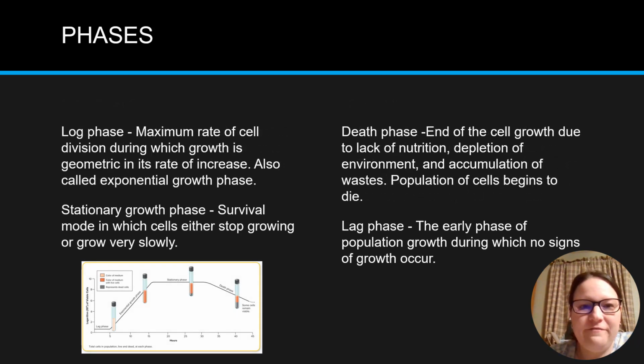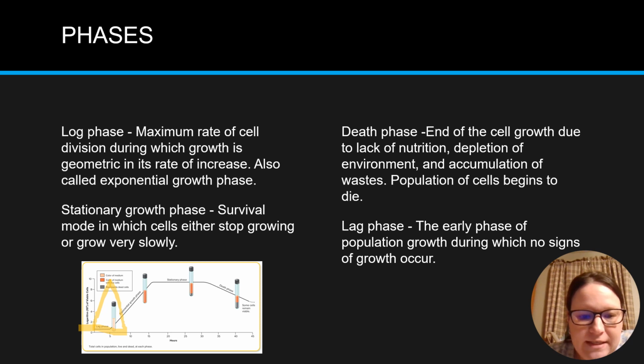Okay, we're going to talk about our phases really quickly. The first one down here on this chart at the very bottom, I'm going to try to see if we can highlight that. This one right here is the lag phase. It's the early phase of population growth during which no signs of growth occur.